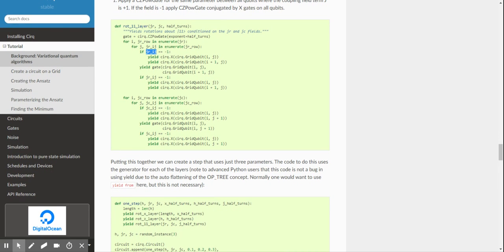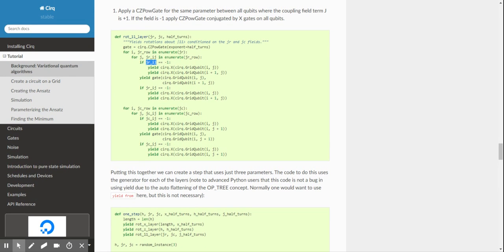Okay, so you apply an X gate to that qubit and an X gate to the other qubit.